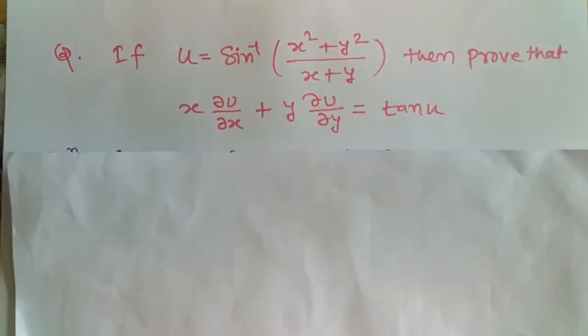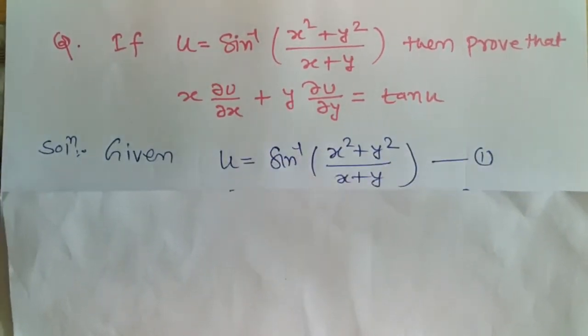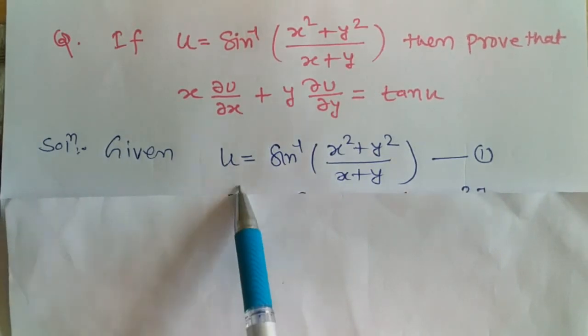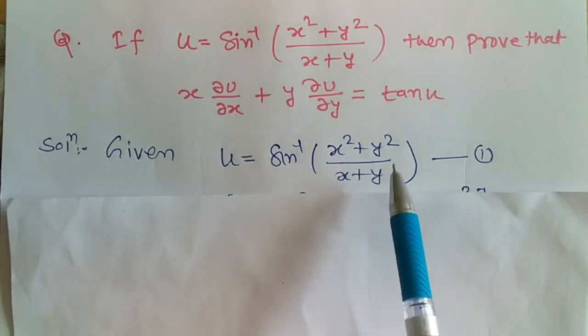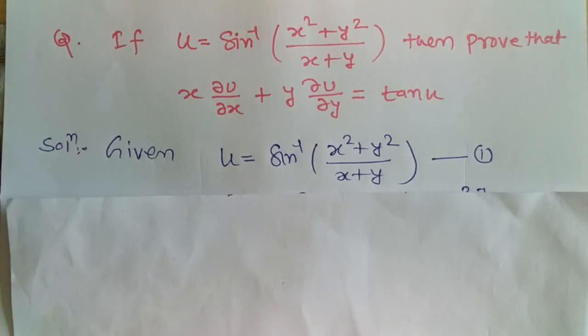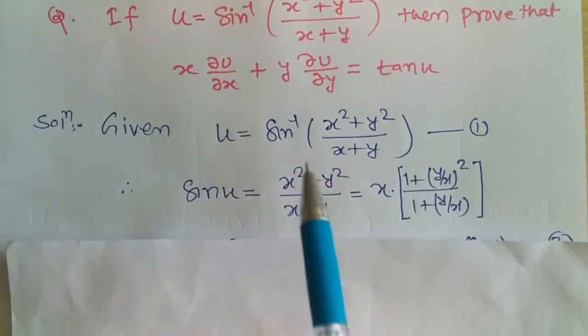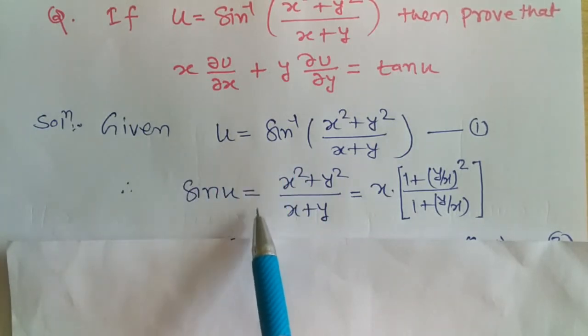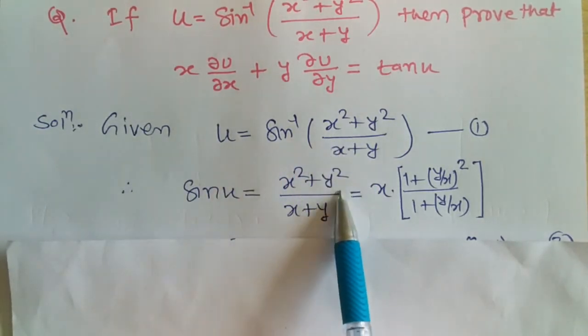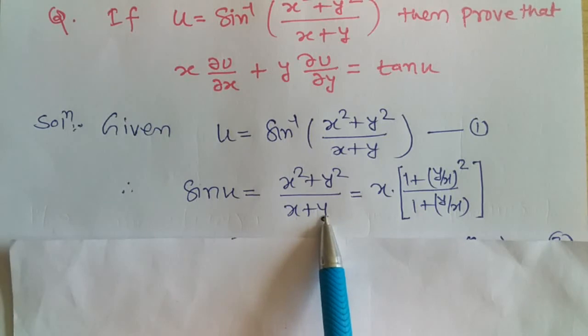So here we apply Euler theorem. Given u equal to sine inverse of x square plus y square upon x plus y, therefore sine u is equal to x square plus y square upon x plus y.